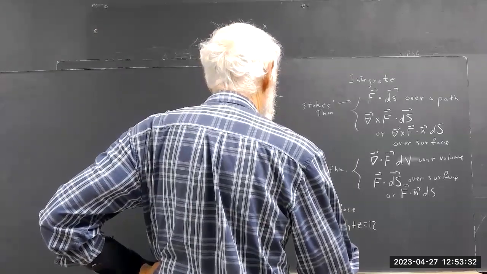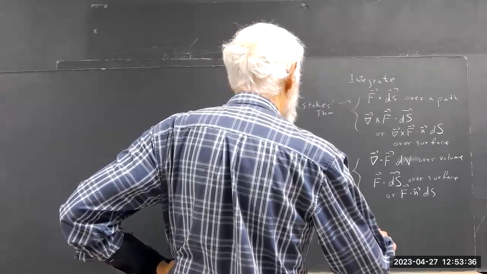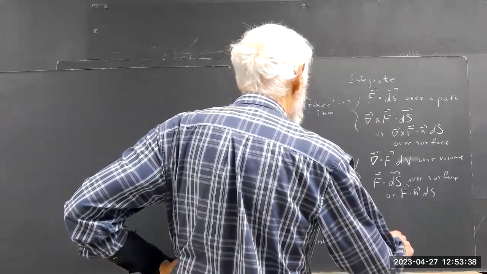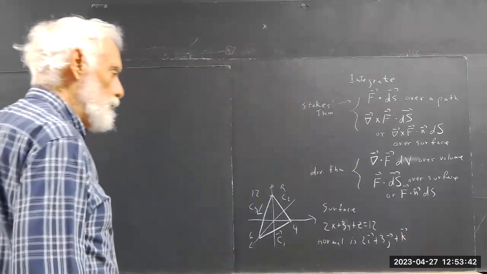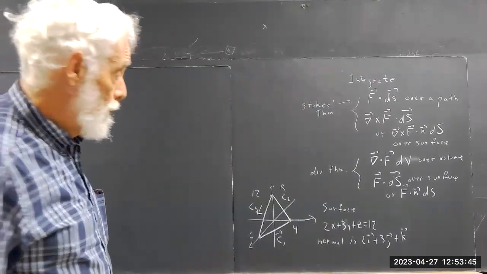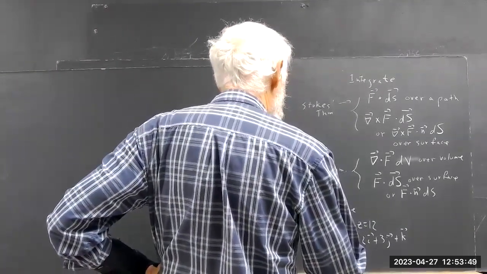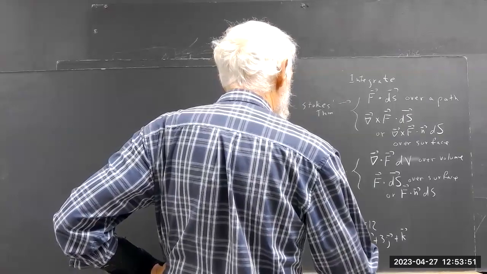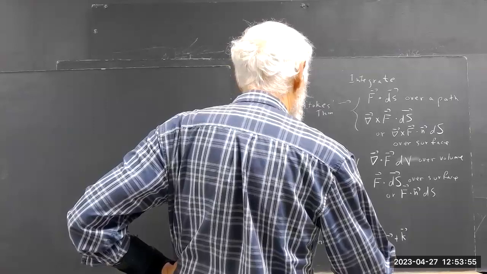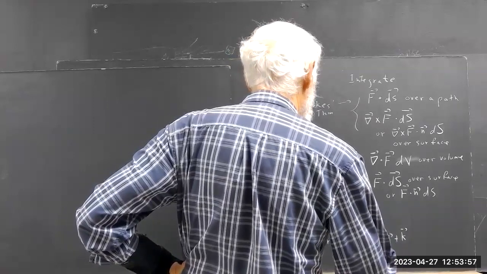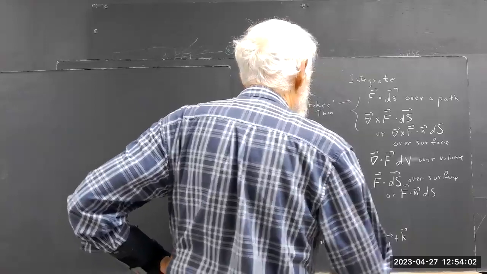Let me use that for the moment. It's 2i plus 3j plus k, and the unit normal is this.